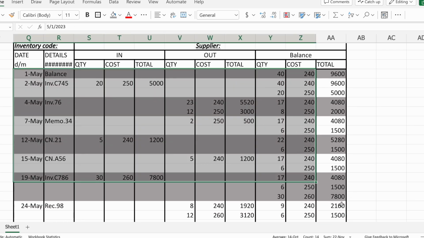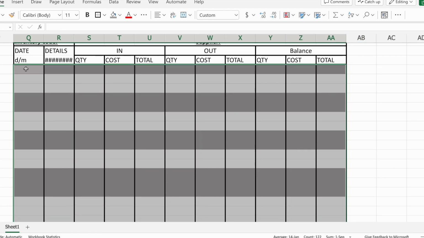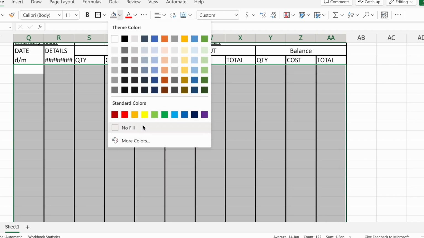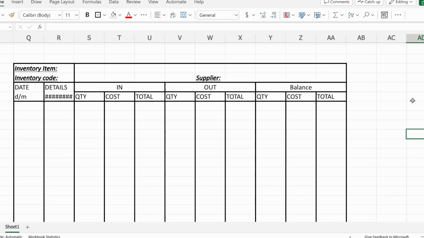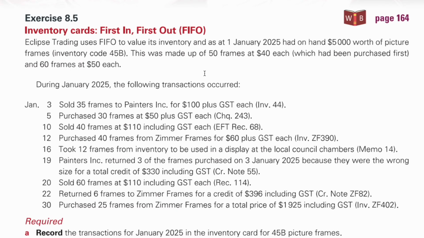What you can do is simply cancel it out, and then we'll make it no fill. Alright, so for the first piece of information, on the 1st of Jan had on hand 5,000. This was made up of 50 frames and 60 frames.